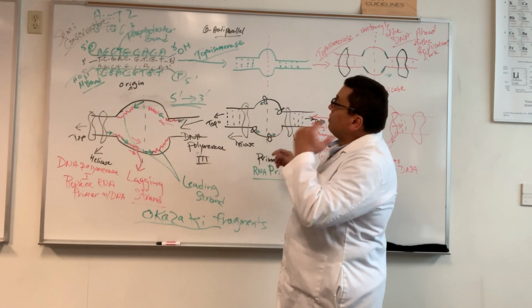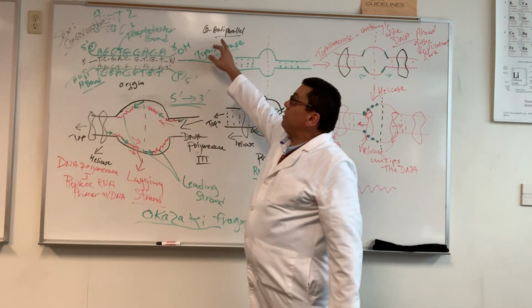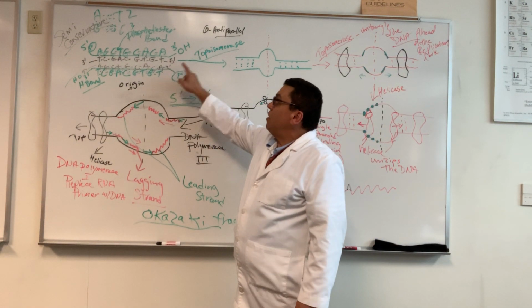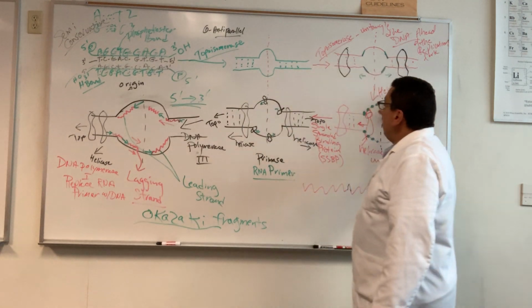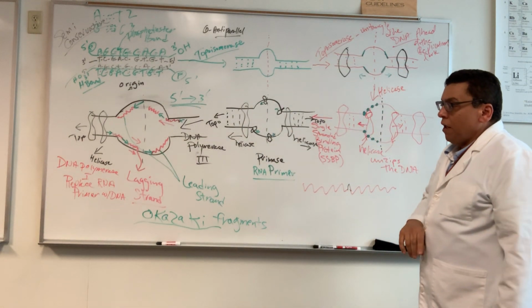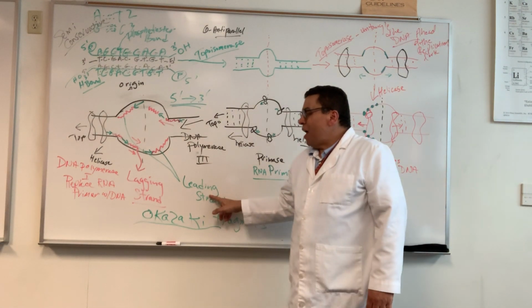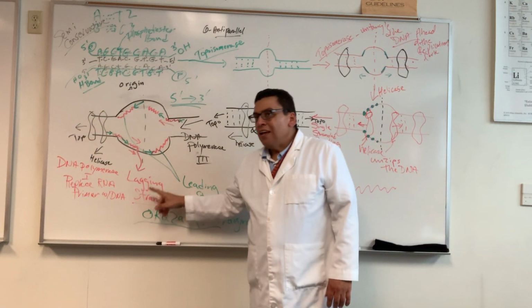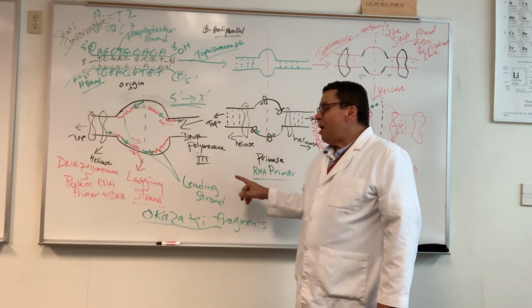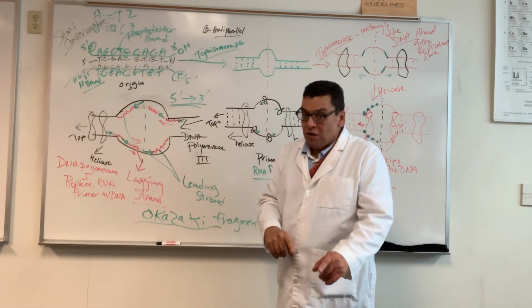So look at all the characteristics of DNA that we did here. DNA is anti-parallel. That means it goes in opposite direction. We gave you the names of the enzymes involved in DNA replication. In the middle of that, we defined what the leading strand is compared to the lagging strand. We said that DNA replication on the leading strand is continuous.